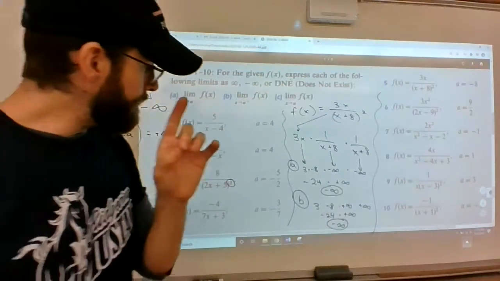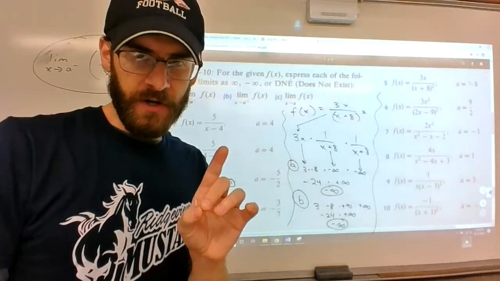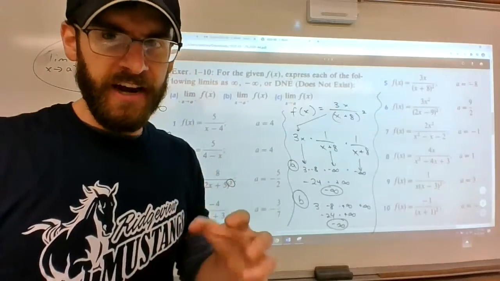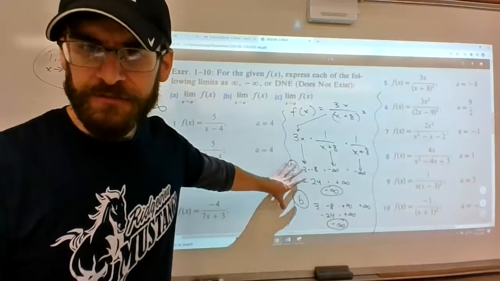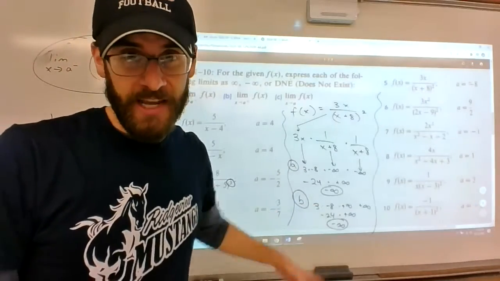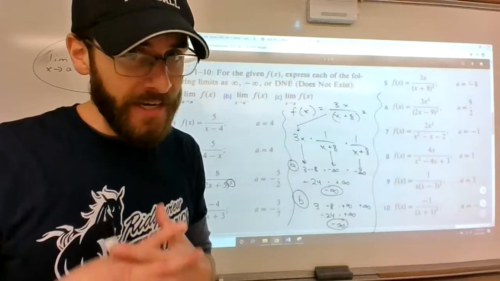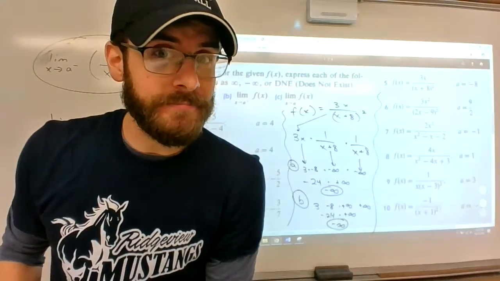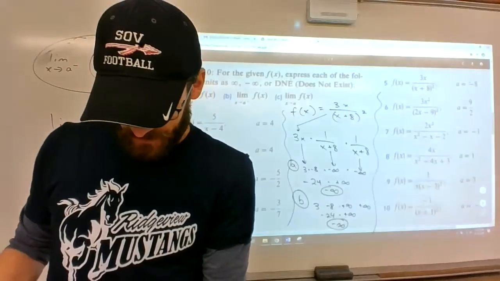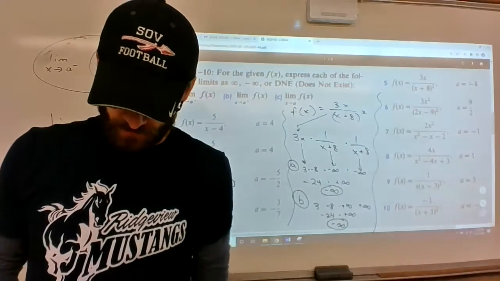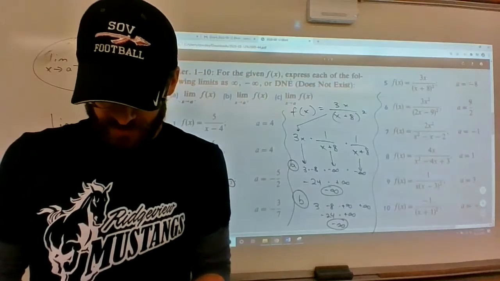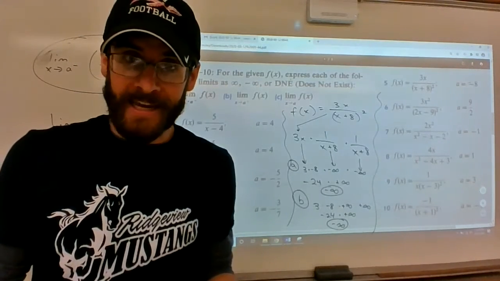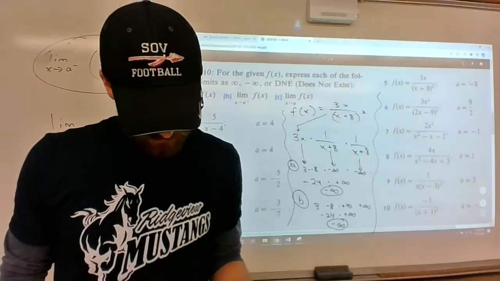Now, you know what? I am going to check the textbook on this because there are some textbooks that kind of say if it's negative infinity from the left and negative infinity from the right, that at that point it is negative infinity. I don't agree with that, but I want to see what's going on here. So let's make sure that Swokowski and me and you guys are on the same page.